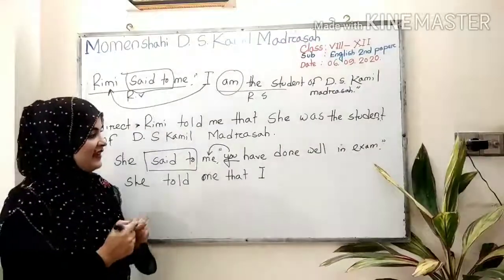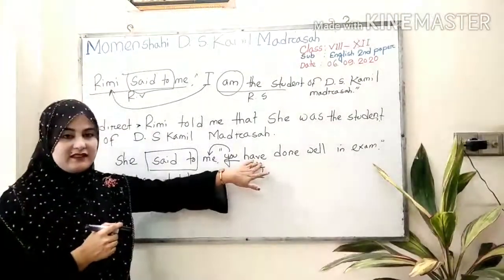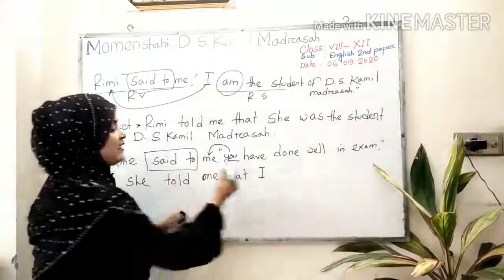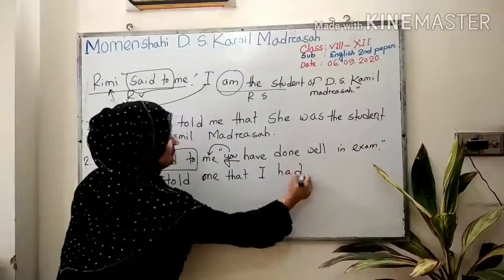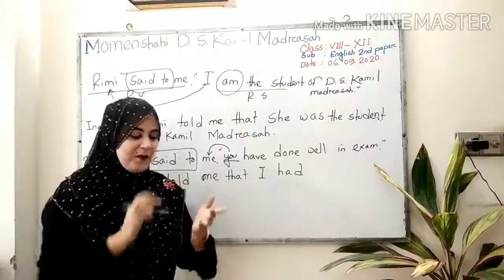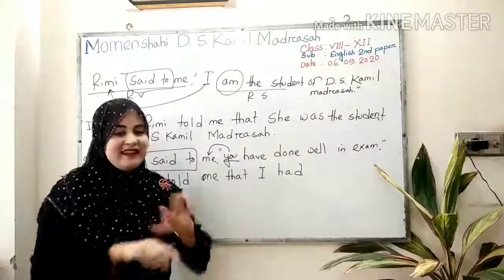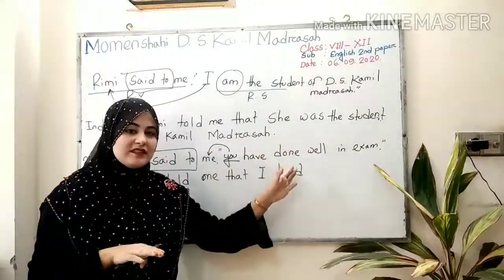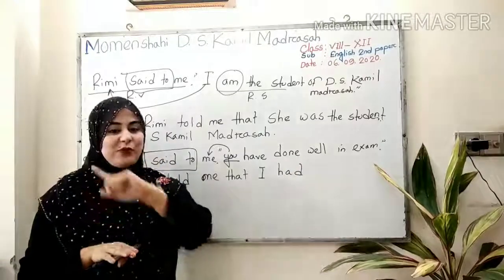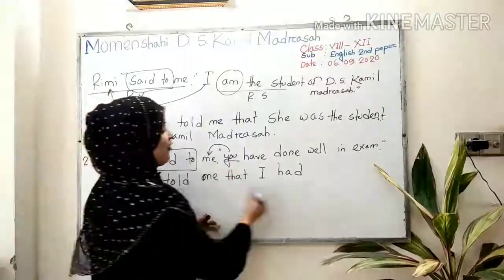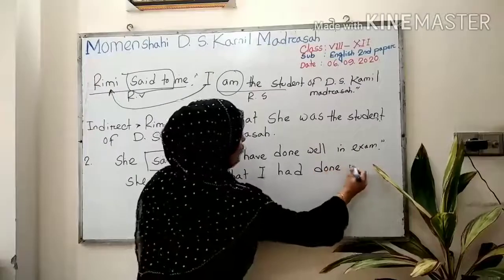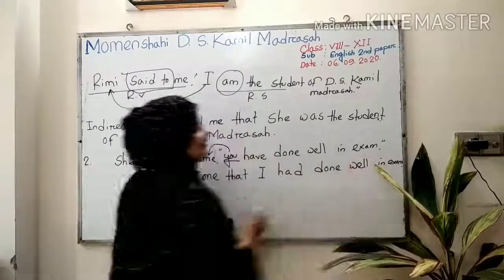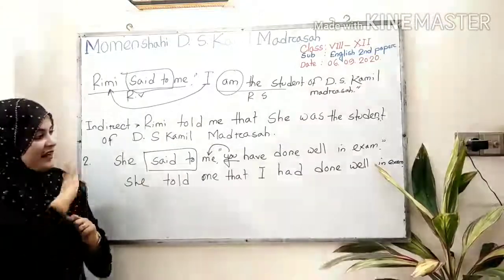Clear? Again the auxiliary, as you hear, that is have, you can use here had. Now person and auxiliary are done, and what can I use for the other words? Yes, there will be no change. You can write there done well in exam. Clear? You got my point?